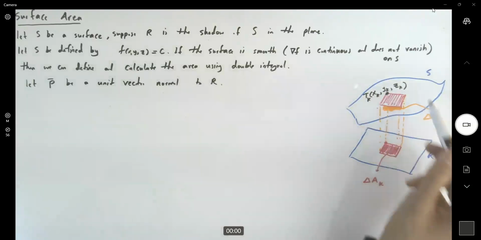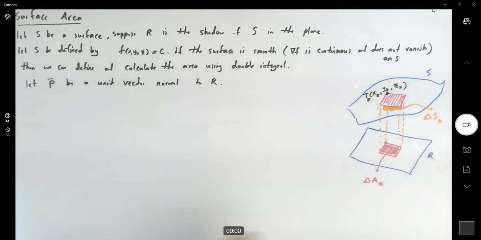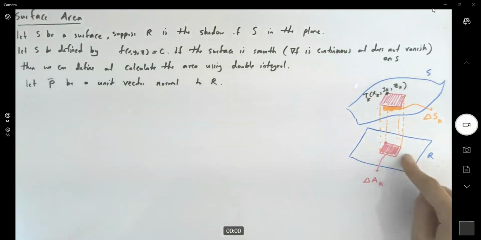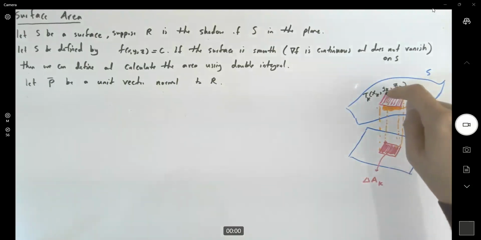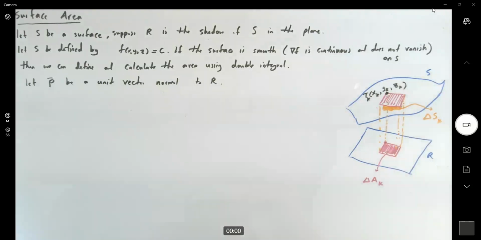And of course, at any point, you can define the gradient of the function. So since P is normal to R, this unit vector is going to be normal at this point as well. So take a look at this.